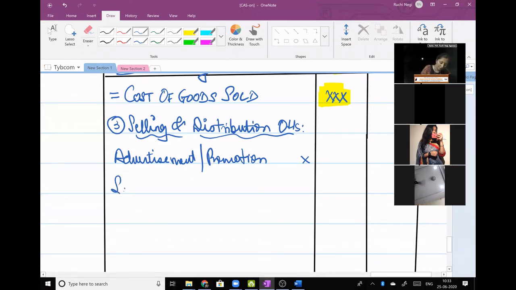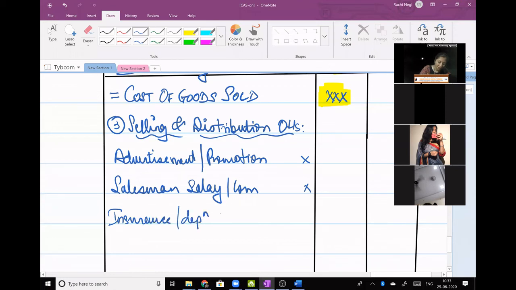Salesman's salary or salesman's commission. Insurance, or depreciation, or repairs and maintenance of the showroom, warehouse.